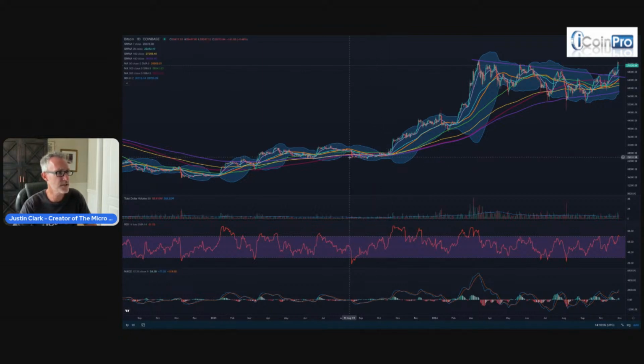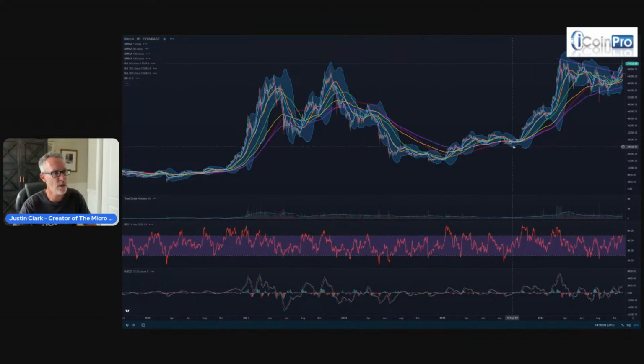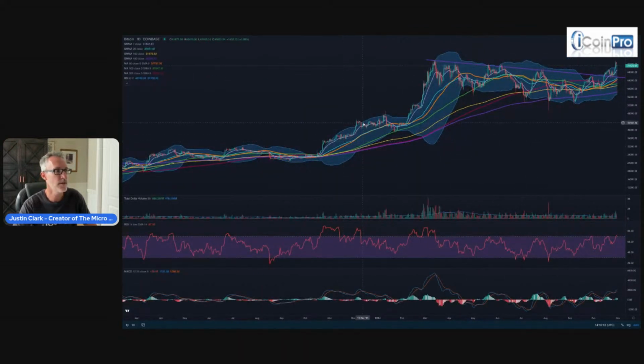When the price action is trading above all of these moving averages, above all these lines, and in particular, when the price action pulls further and further away, and you can see here how these moving averages are getting further and further from the price action, the more momentum is potentially being built for the asset.